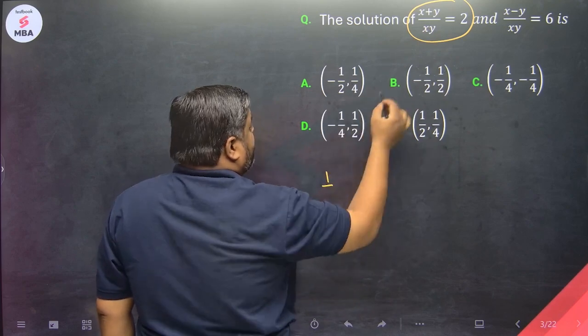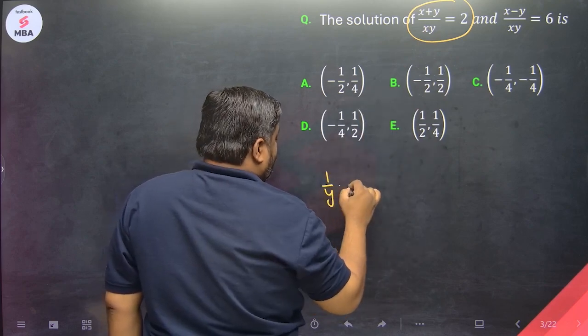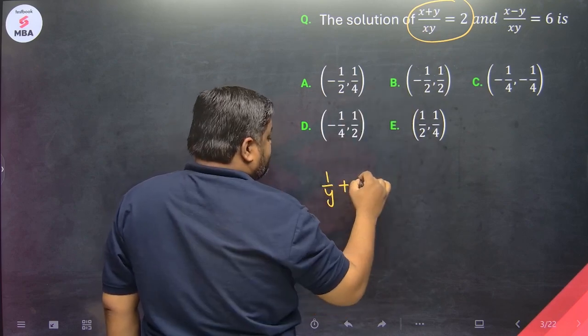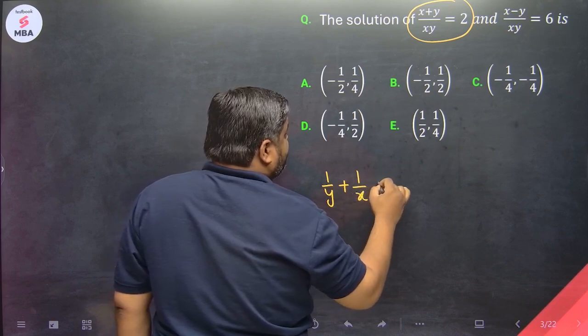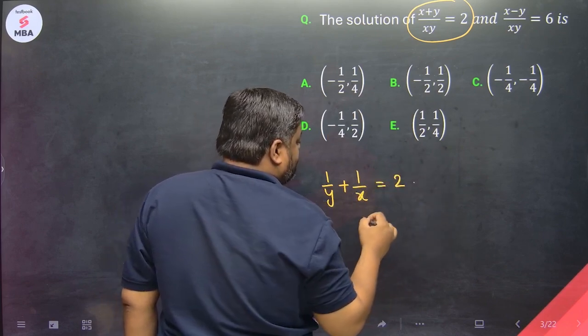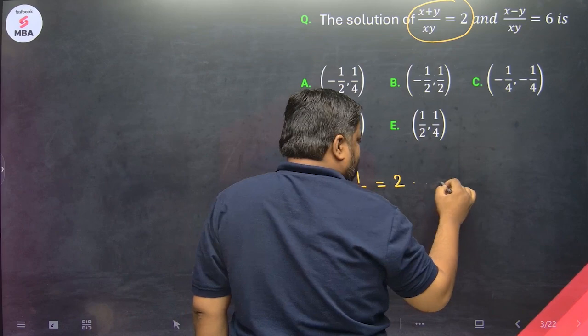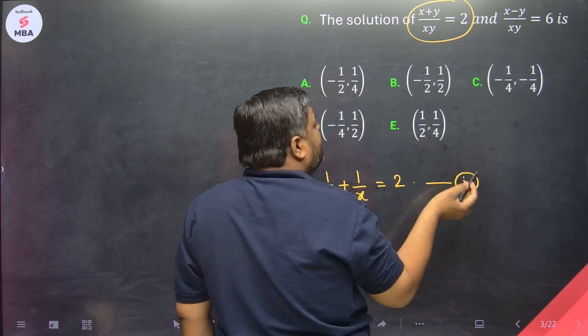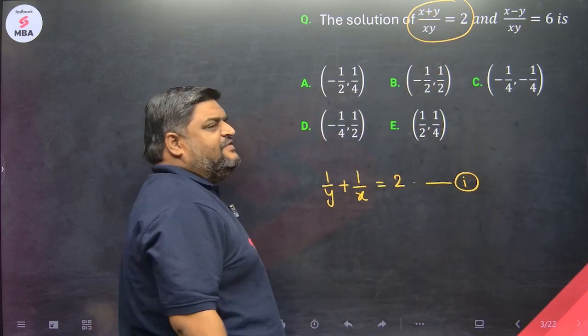So x upon xy is 1 by y, and y upon xy is 1 by x. So 1 by y plus 1 by x is equal to 2. This becomes my first equation. I have only changed the outlook of that equation.